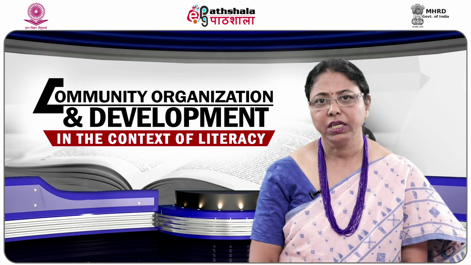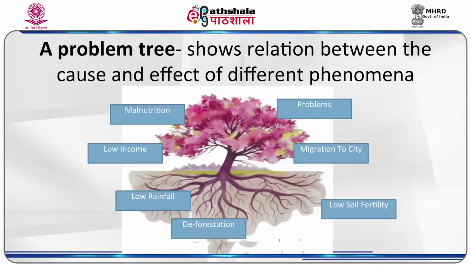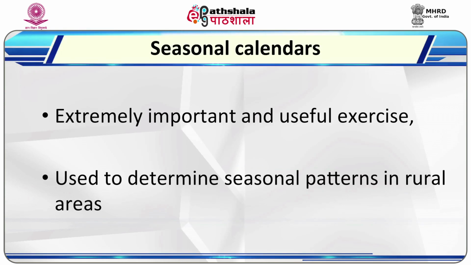The next diagram is the problem tree. This is a diagram that shows the relation between the cause and effect of different phenomena. For example, the figure is about bad harvest, that is the phenomenon, its causes and effects. The next method is seasonal calendars.